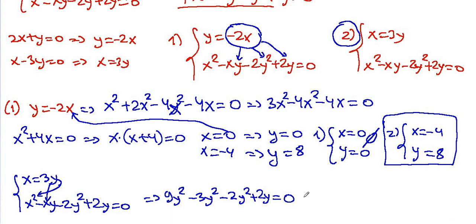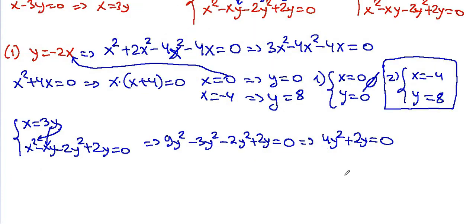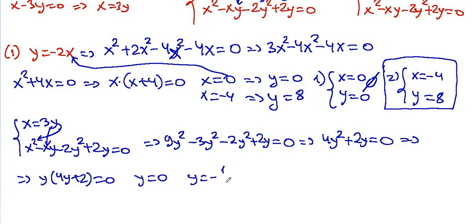This is equivalent to 4y squared plus 2y is equal to 0. If we factor out y, then I will get y times 4y plus 2 is equal to 0. And here y is equal to 0 and y is equal to minus 1 over 2.